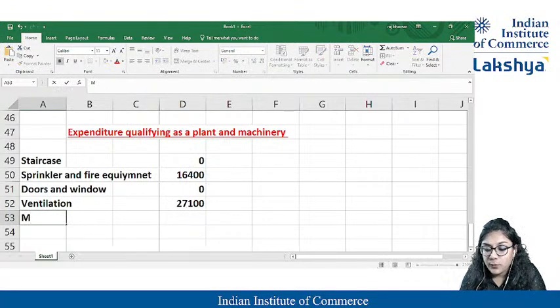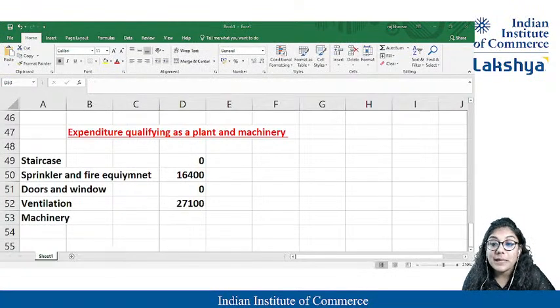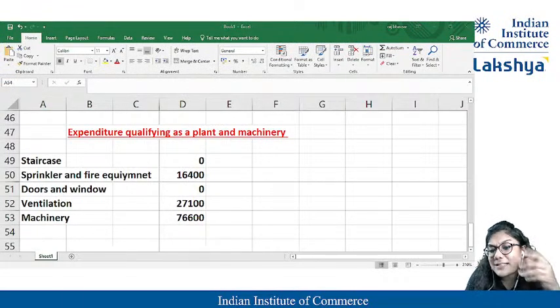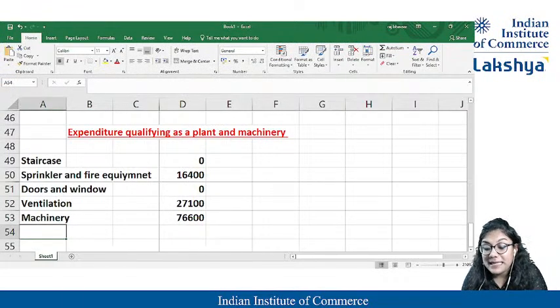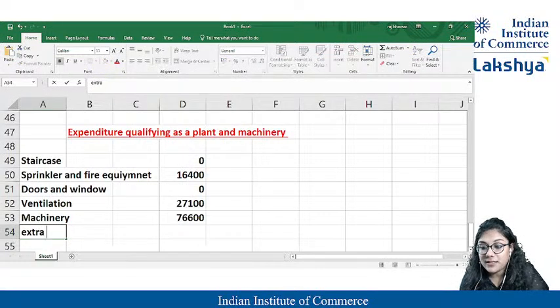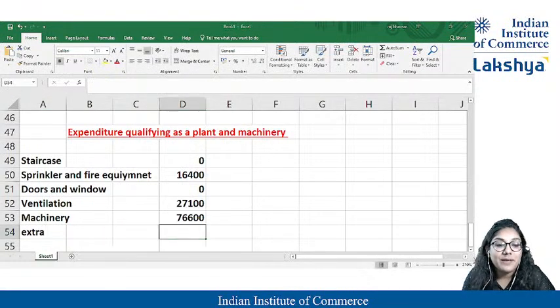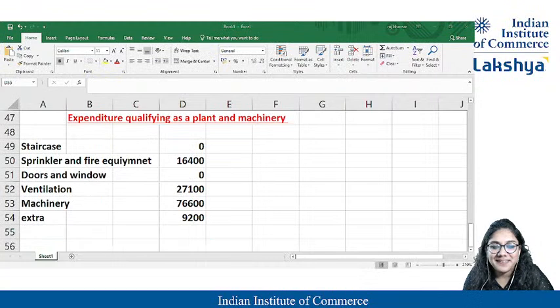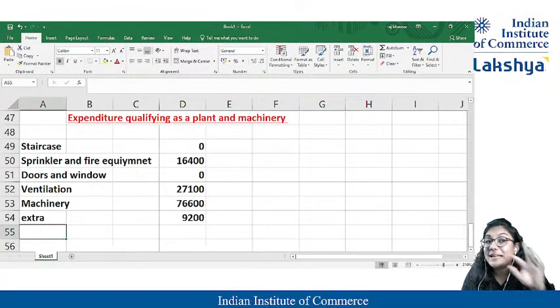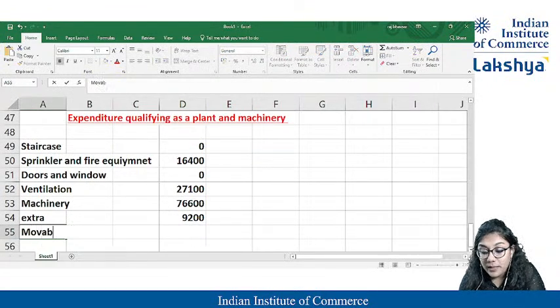They have told us you have purchased a machinery. Students, if you have purchased a machinery, please add the machinery as it is. Some extra expenditure you made for that machinery, even that will qualify. So 9,200 is also to be added. Last, the partition walls, the movable walls.